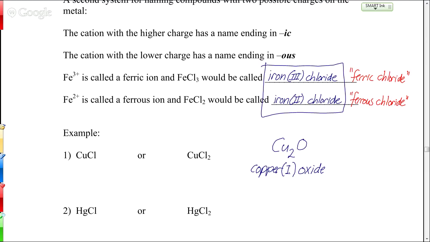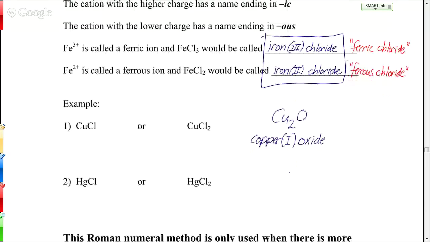1 oxide. Okay, that is sometimes misleading to people because there are 2 coppers in the formula. So they see Cu2O and think, oh, well, it's copper 2 oxide. But it's actually not. What would the formula for copper 2 oxide be? CuO. It would just be CuO, right? CuO would be copper 2 oxide.